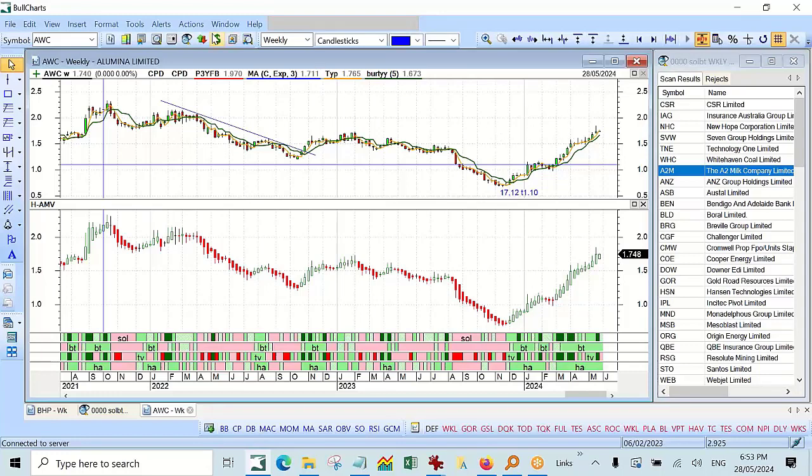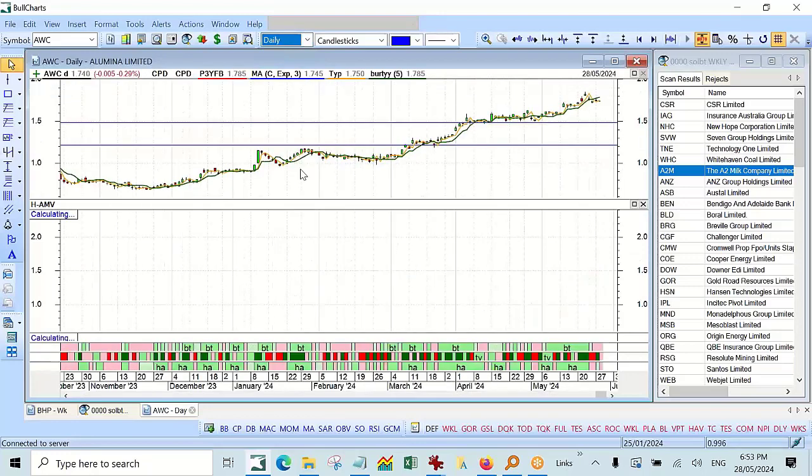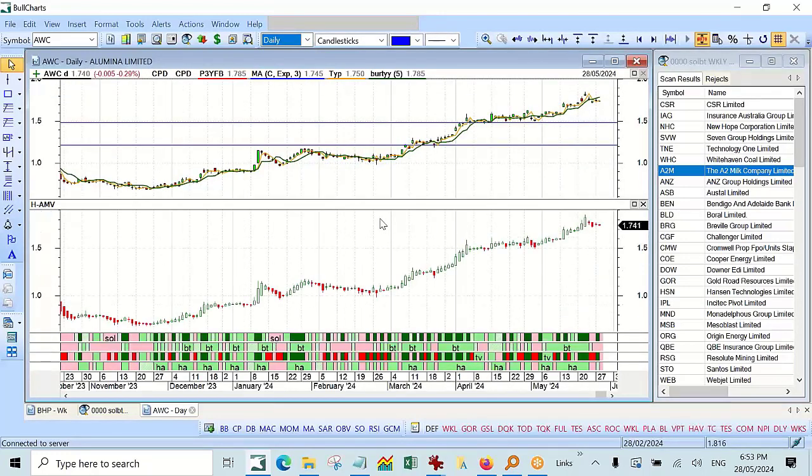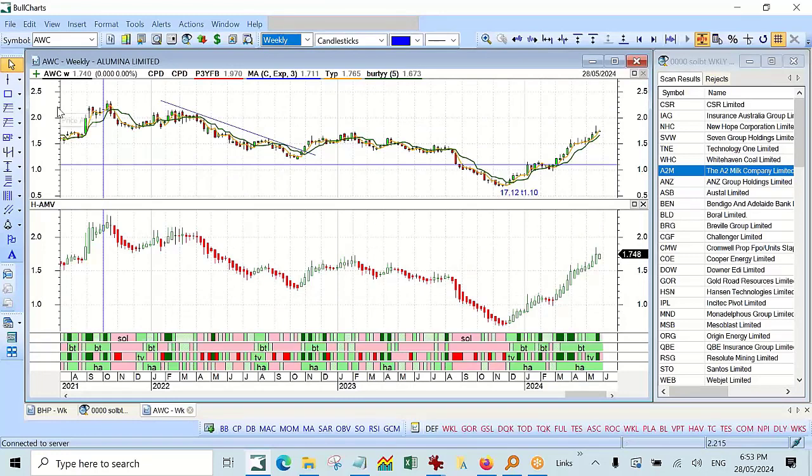Oh, well, we could look at this on a daily basis. I'll just change that to daily, and you can see how it works also on a daily chart. It's coming off a bit at the moment here on a daily basis, whereas on the weekly it was still moving upwards. But you might be able to get the dip or something. I don't know. Back to weekly.